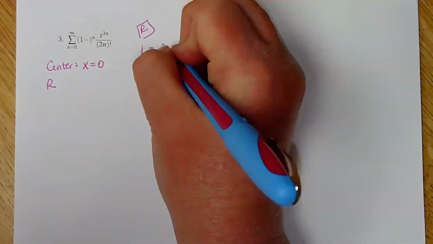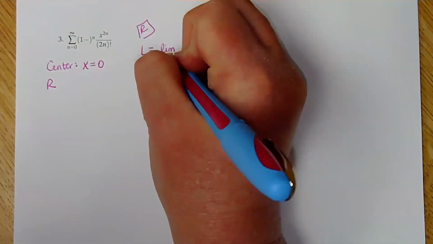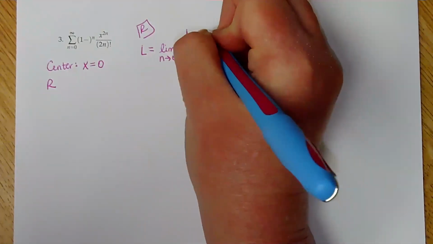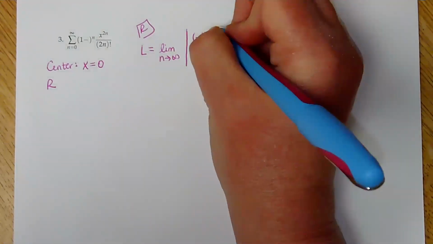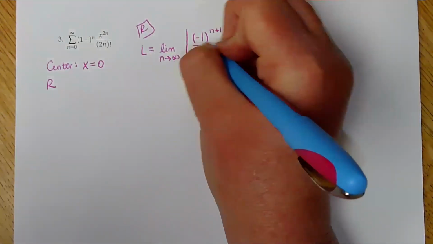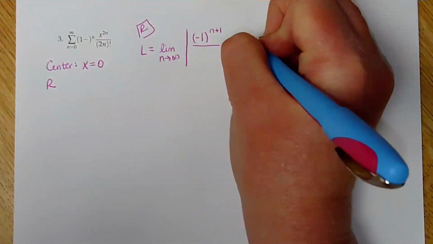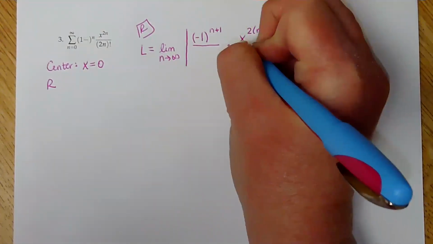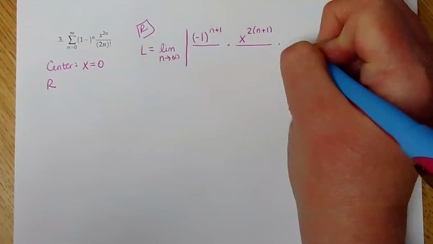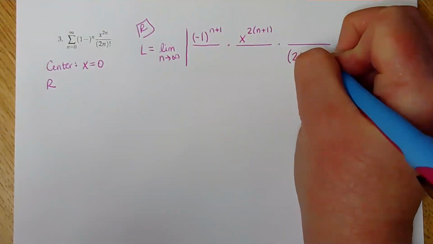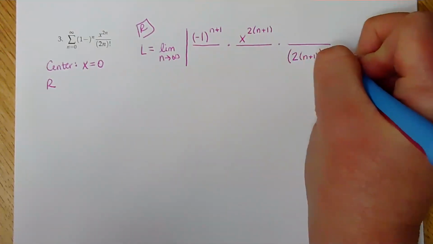L is equal to the limit as n goes to infinity of the absolute value. So we'll do our n plus 1 term. We have (-1)^(n+1), x raised to the 2 times (n plus 1) in parentheses, and that'll be divided by 2 times (n plus 1) in parentheses, factorial.